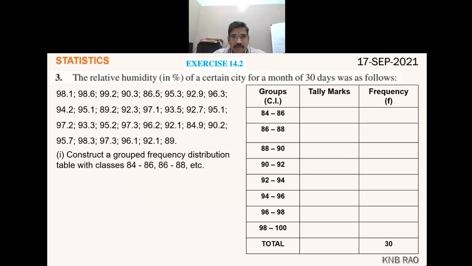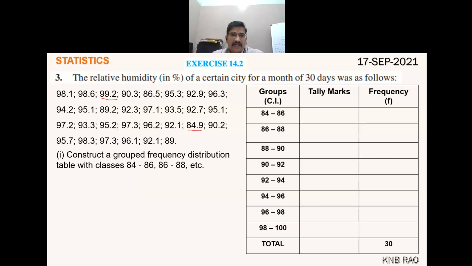And here you could see 89.2, 84.9. These two are in the 80s, and 89 and 86.5. That means somewhere this is the minimum. And if you observe 98.1, 99.2, and the rest, 99.2 is the maximum. So the class intervals will be 88 to 90, 90 to 92, 92 to 94, 94 to 96, 96 to 98, and 98 to 100.